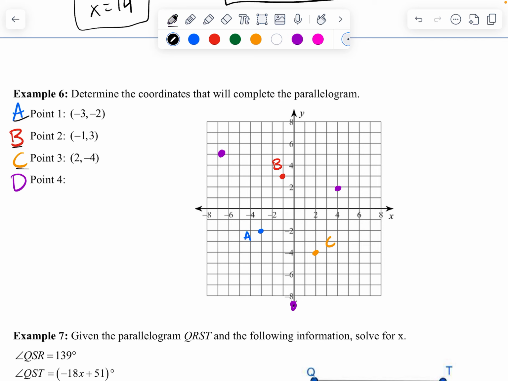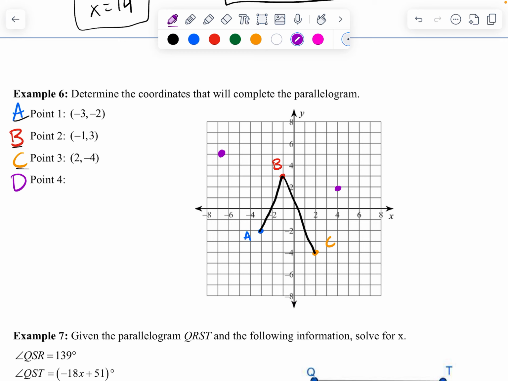And this is why we labeled our points, is I know that A must connect to B. B must connect to C. Now, is it going to form a parallelogram if I connect there? No. Will it form it if I connect it over here? Still no. The only option is if it connects down there, right? So we just need to find out exactly where that point is, and we're good to go.